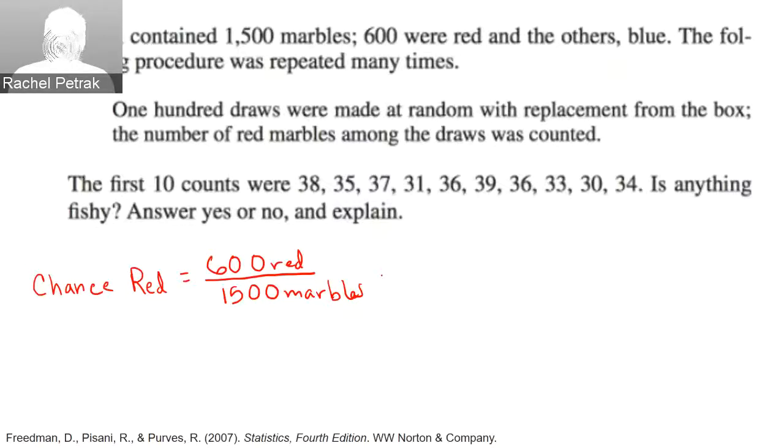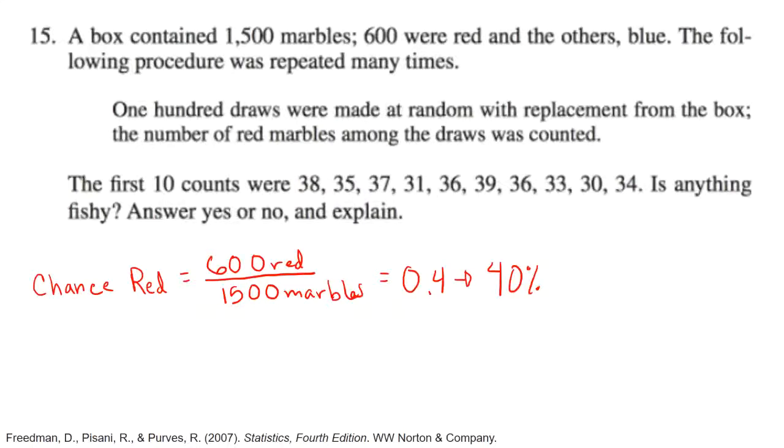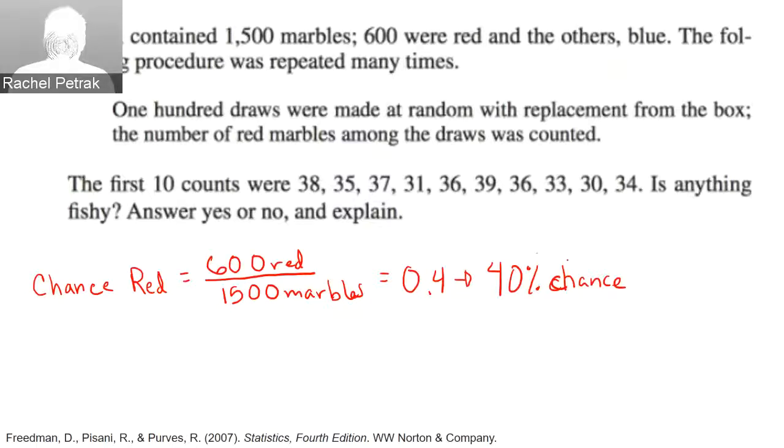And this works out to a 0.4 or a 40% chance. Well, if there's a 40% chance of getting red just on any draw, and our first 10 counts are all below 40, that seems fishy because the expected number of reds is 40, right? You can see that.